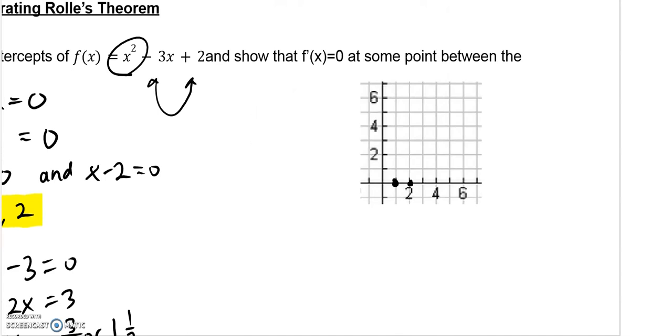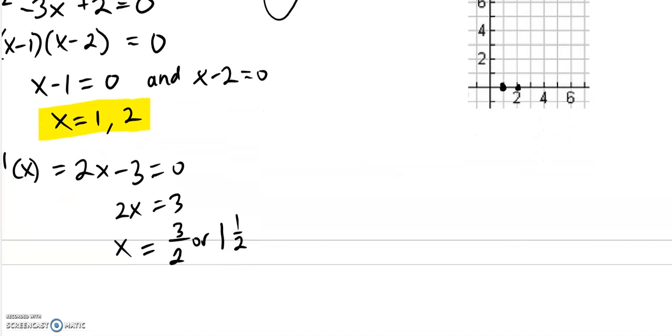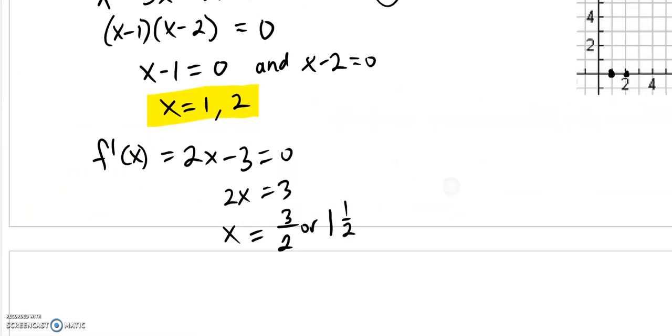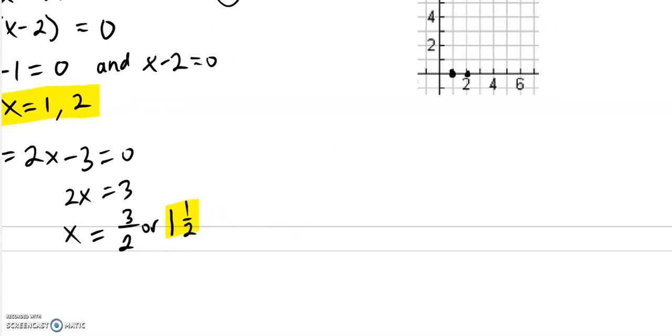Remember, it's going to look like that, okay? And then our horizontal tangent occurs when we set the first derivative equal to 0, at 1.5. So at x equals 1.5, our horizontal tangent is going to occur, so right in there.